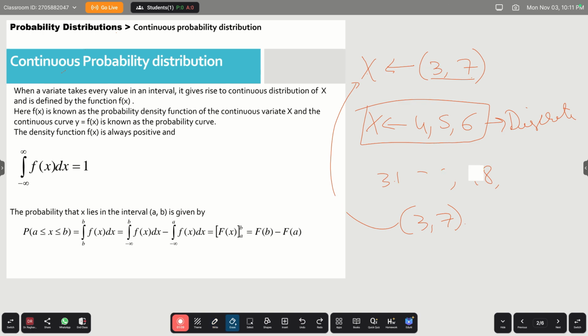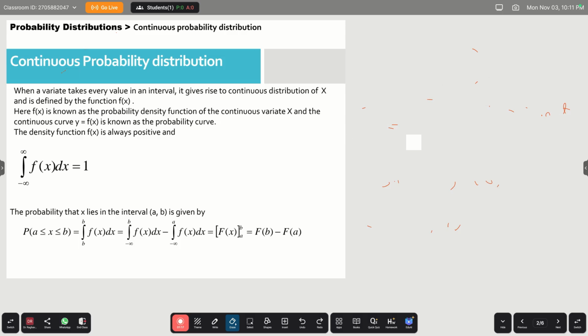And the corresponding probability distribution is called the probability density function here. So f of x, it's denoted by either p of x, or it's usually denoted by f of x. So f of x is called the probability density function.